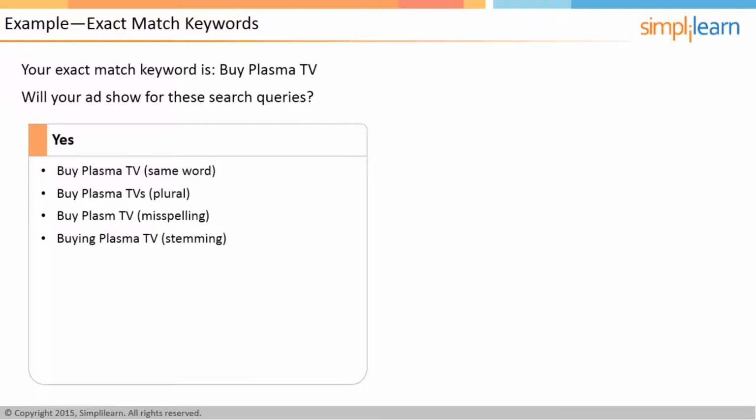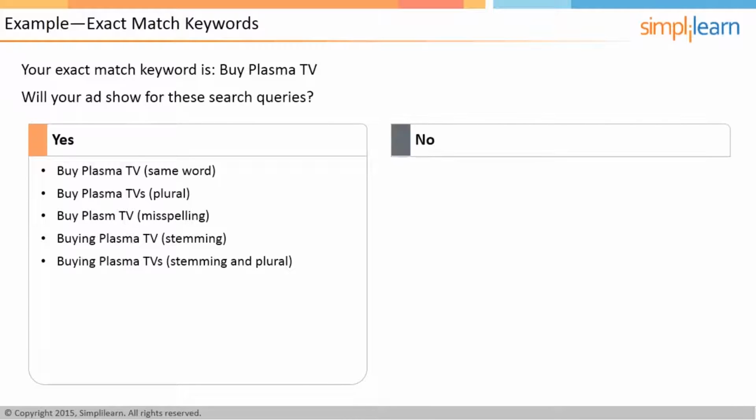In our next example, buying plasma TV, it's the stem of the word buy to buying. It's still plasma TV, your ad could show. Your ad can also show for multiple of these conditions in the same query. So in our last example, buying is a stemming, plasma TVs is a plural. It's still the same keyword, just happens to have a stemming and a plural in it. So your exact match keyword could show for any of those queries.